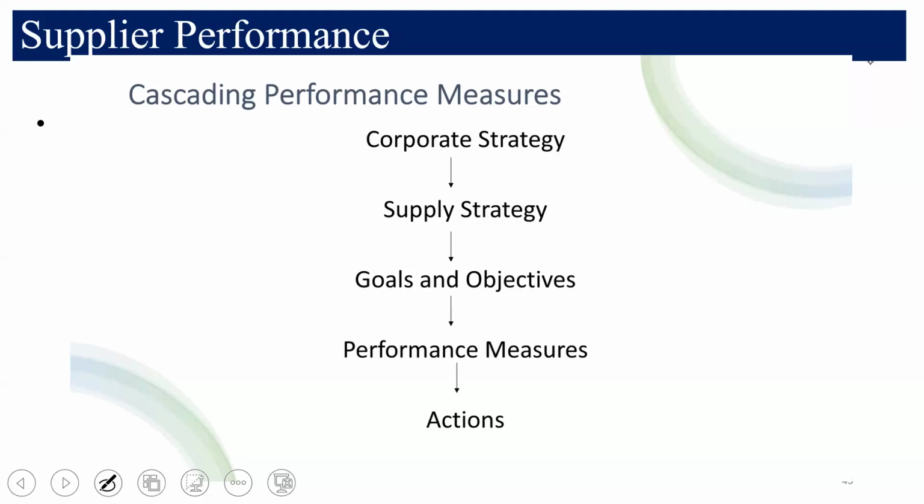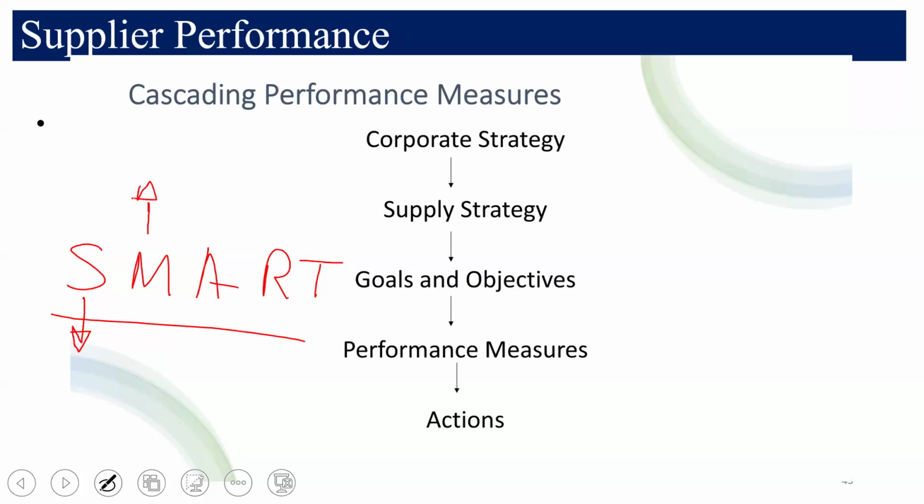When you set your goals and objectives, a goal is somewhat bigger. Per goal, there can be many objectives, right? So objectives should be SMART, right? What is SMART? SMART stands for?